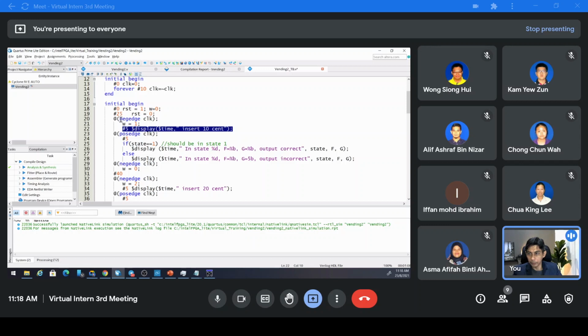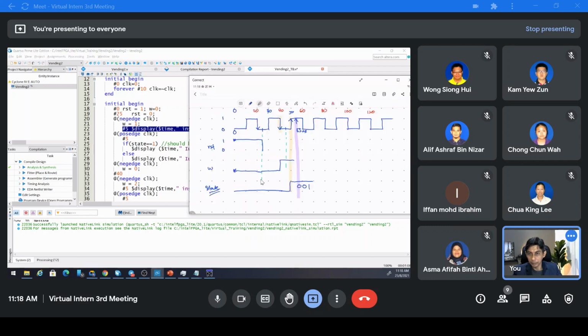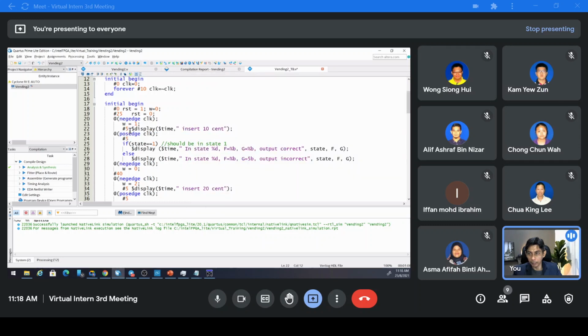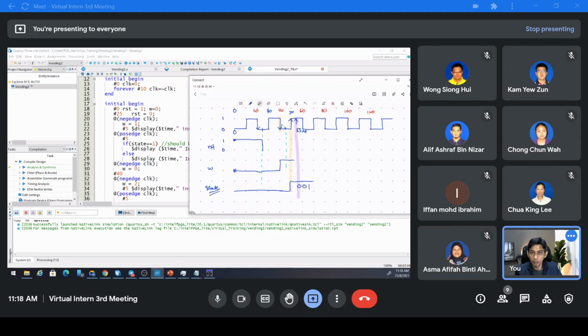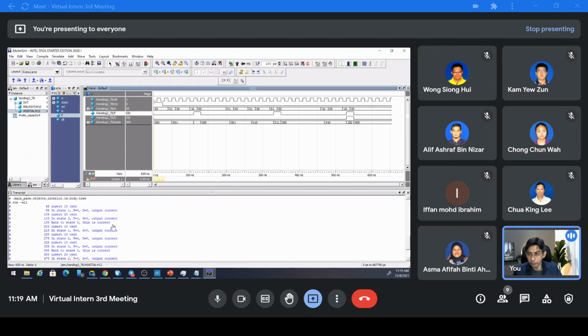After 25 nanosecond, the next clock edge, remember, after 25, the next negative edge, which is this one, and then plus 5 nanosecond, which is 45. So at 45 here we display insert 10 cent.